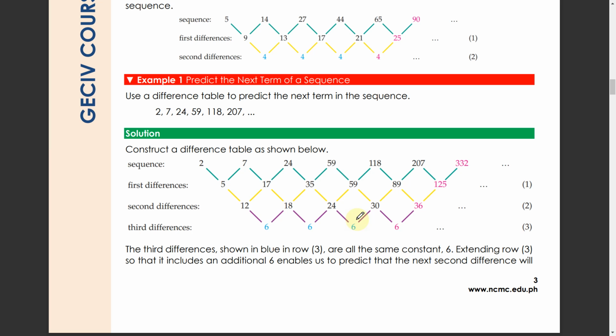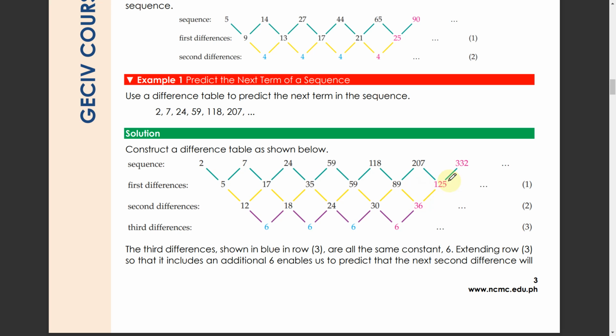So extending row 3 so that it includes an additional 6 will enable us to predict the next second difference, no? So i-extend nato siya diri, so magsulat ta og 6, okay? So para ma-predict nato ni, i-add lang nato 30 plus 6, then the result here is 36.